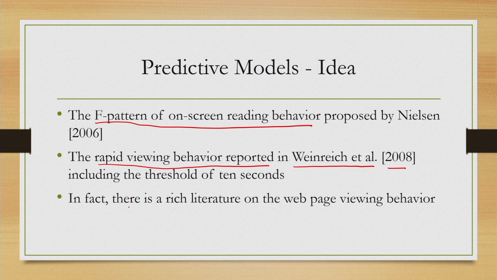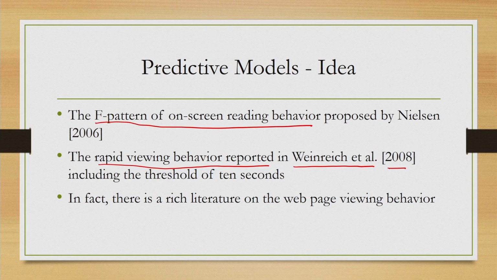So, all the things that we mentioned in the descriptive model and many other things, all these are taken from literature. There is a very rich literature on how users view website, but that is not our main concern. Our main concern is the model and what it tells us.